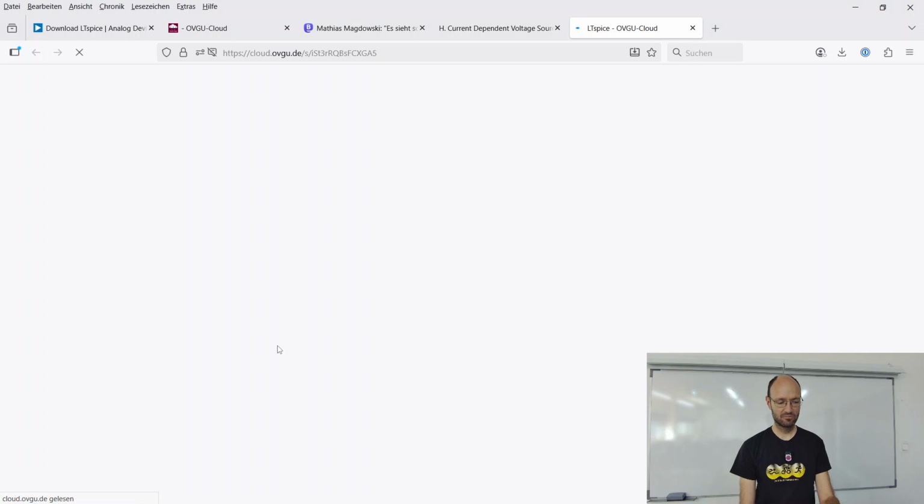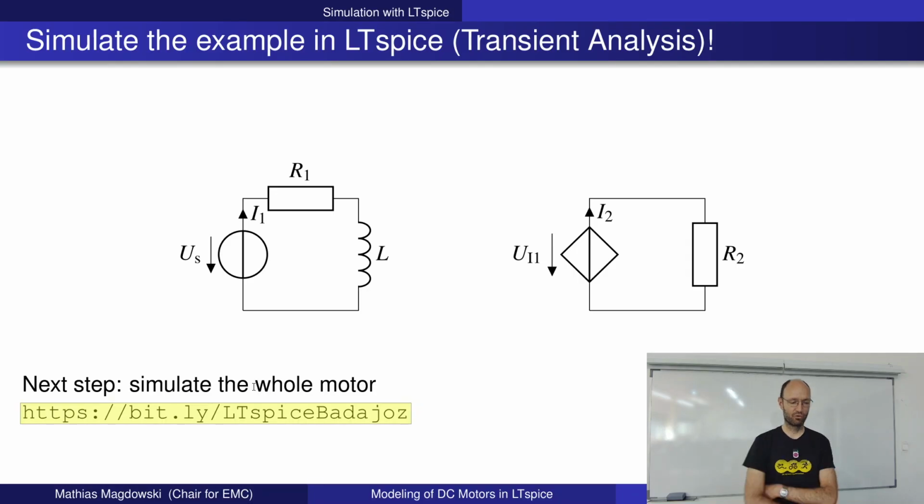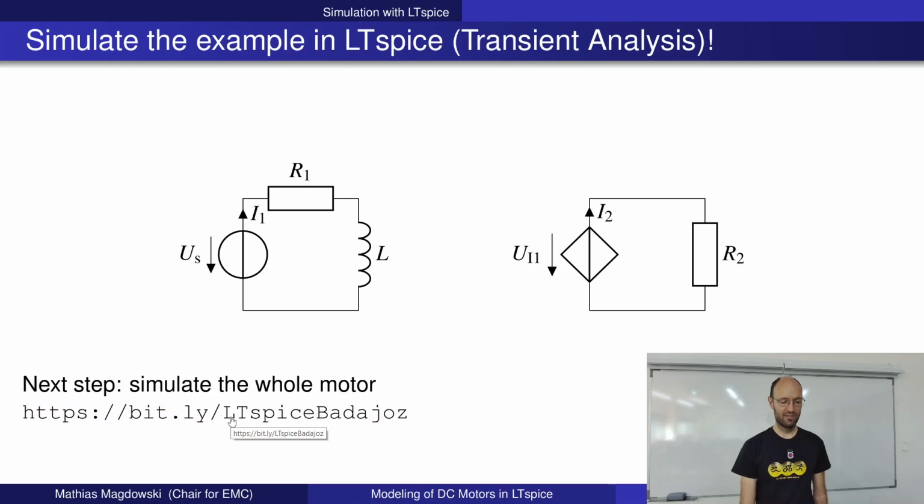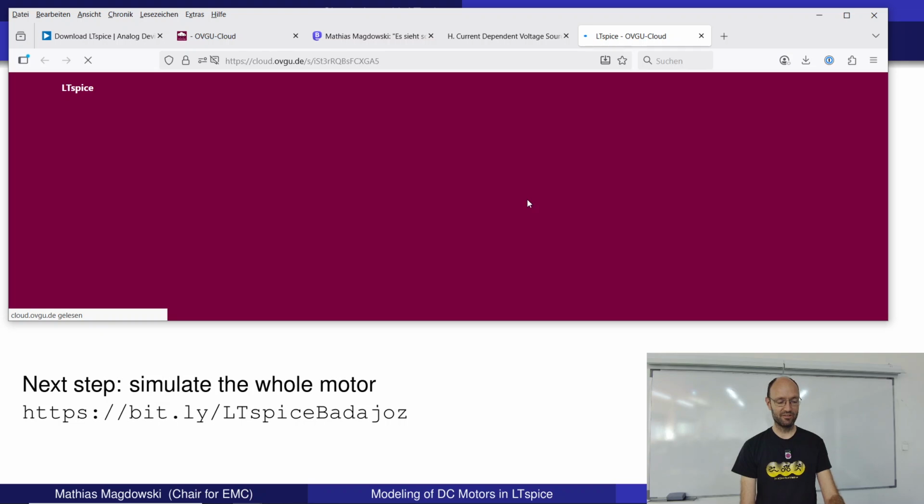I will go back to the link. I think it's loading. So if you go to this website, bit.ly, and then LTspice Badajoz, with the LT and the B in uppercase and everything else in lowercase, then you should go to this website that hopefully loads.